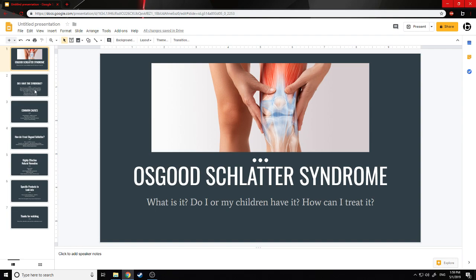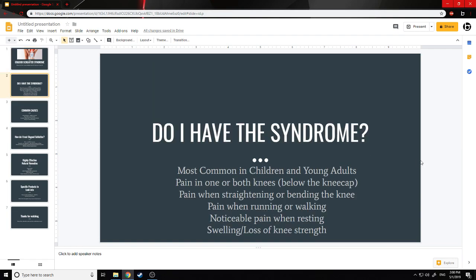So let's get started. The first thing is, do I have the syndrome? The things to be looking for: age plays a big part in it. Children and young adults are the primary ones with the potential to get the syndrome. That is because your bones are growing, whether it's a growth spurt or whatever, and your muscles haven't grown at the same rate.